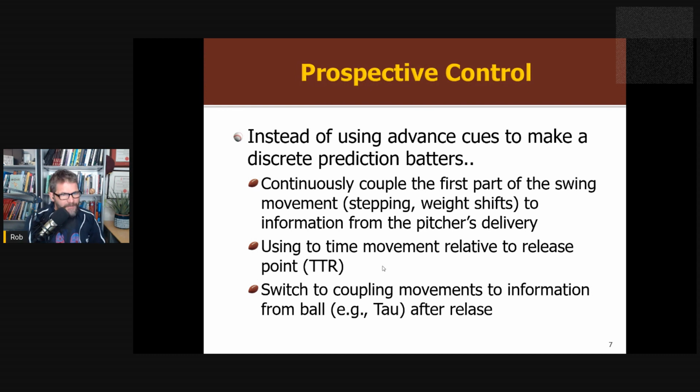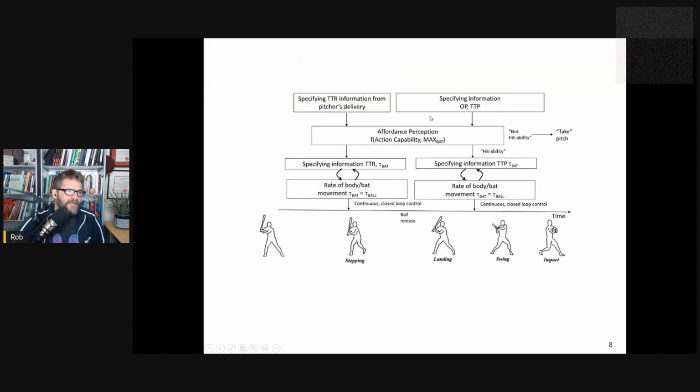In this one, you're coupling to one source of information, some kinematic variable from the pitcher, to time your movement, your weight shift relative to the release. Then you're going to switch to using information available in the ball flight, like tau, to couple your movement towards the ball, which includes the swing of the bat. And this is what I'm showing here in this very different model, this kind of prospective control model.